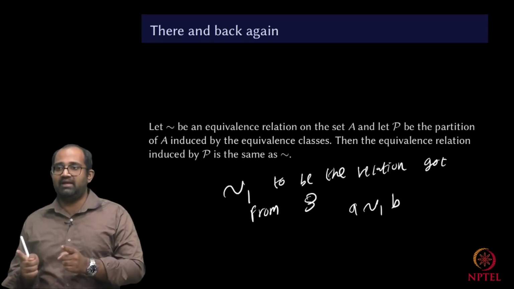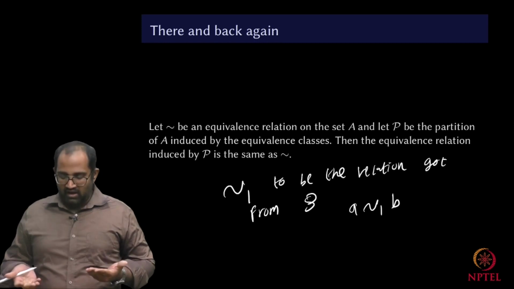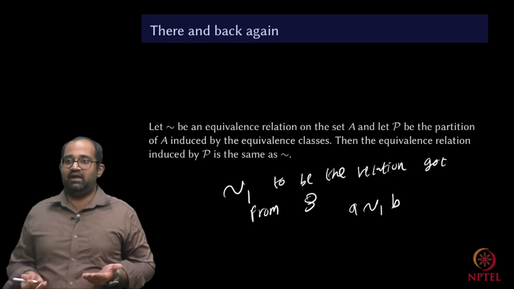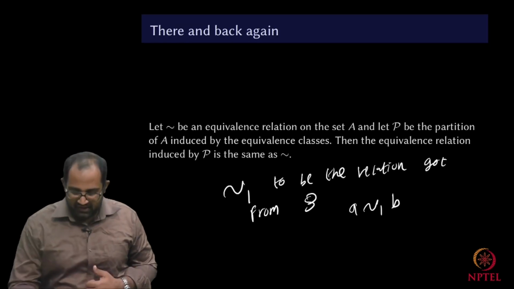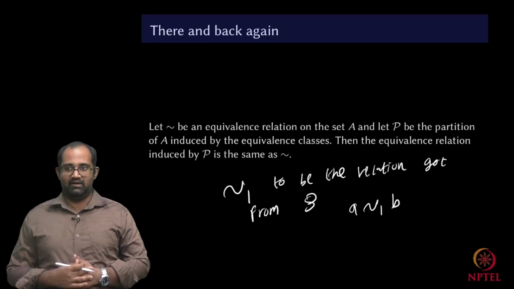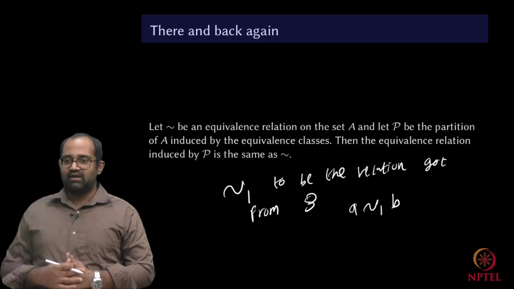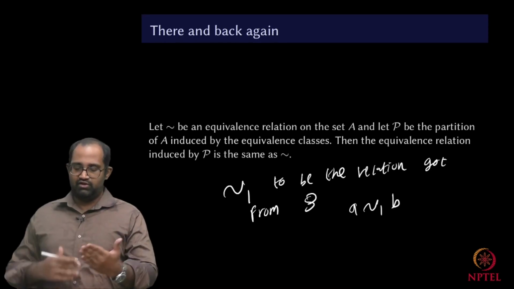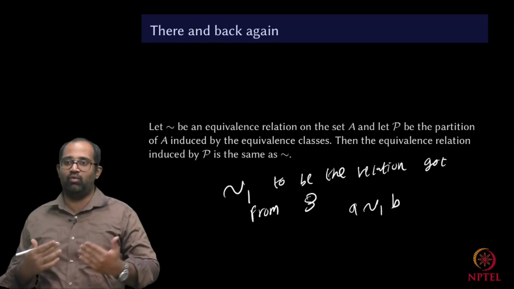Precisely when A and B are in the same subset of the partition. Well, when are A and B precisely in the same subset of the partition? Precisely when A is related to B in the original relation tilde. So, this short argument shows that if you start with an equivalence relation, you get a partition, then you get another equivalence relation, that equivalence relation is the same as the original.